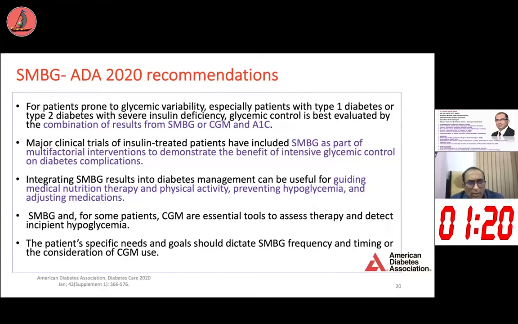They have also highlighted that SMBG would help in guiding medical nutrition therapy and physical activity, preventing hypoglycemia, and adjusting the medication. So SMBG has a significant role in providing all these benefits when it's complemented well with the HbA1c levels.